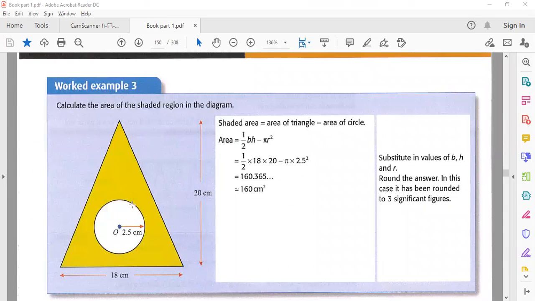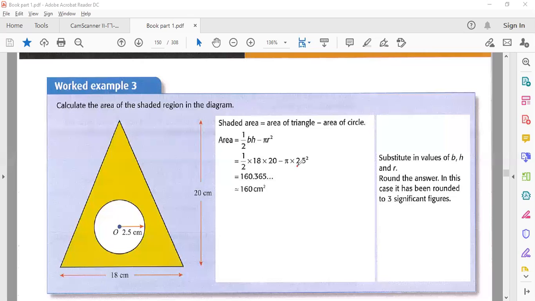Here you have the area. Calculate the area of the shaded region in this diagram. First of all, we find the area of the circle. Because we already have the radius, we can find it, since the area of a circle is pi r square, and r is 2.5 squared. It is already mentioned here.